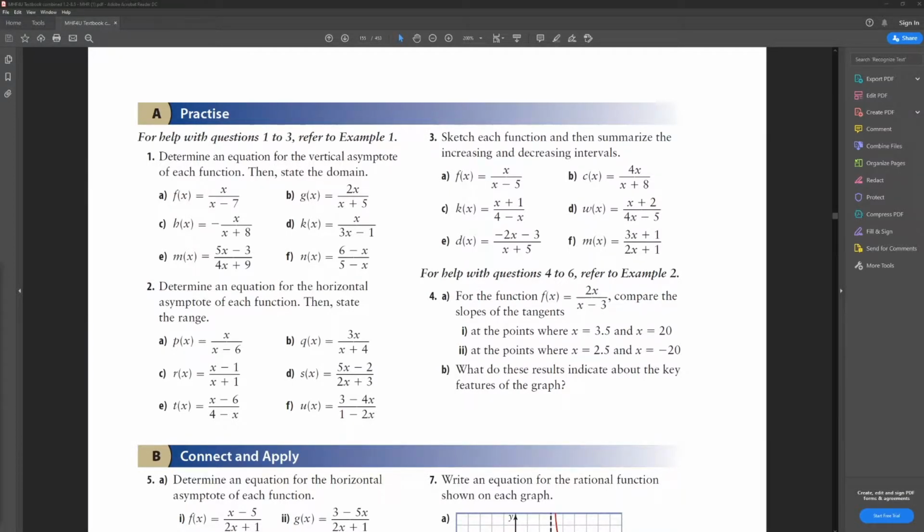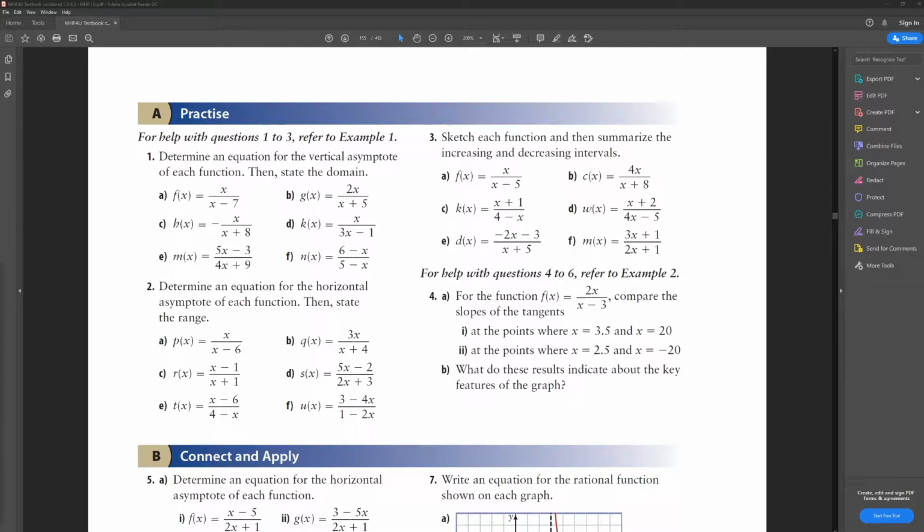All you'll be doing is applying the formula you've learned, which was delta y over delta x. And with that in mind, you're also going to be using values that are very, very close to 3.5, because that's what a tangent means.